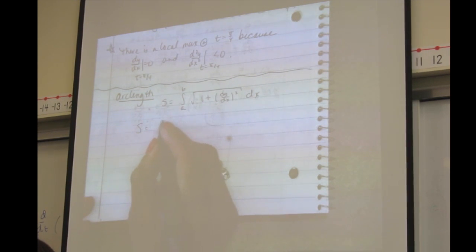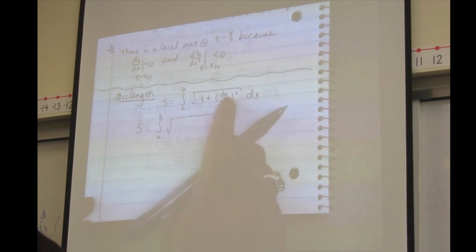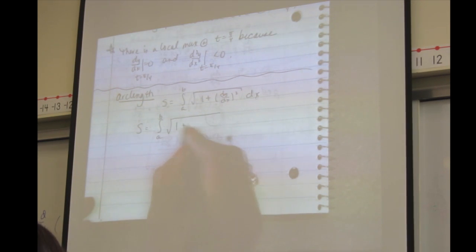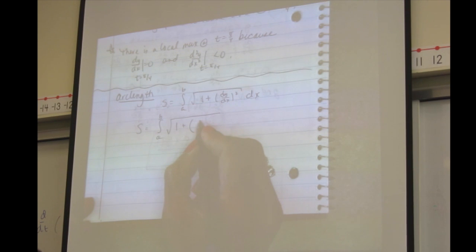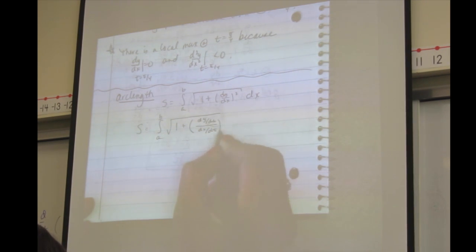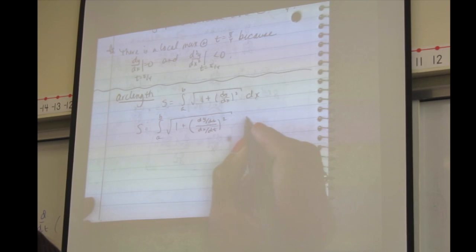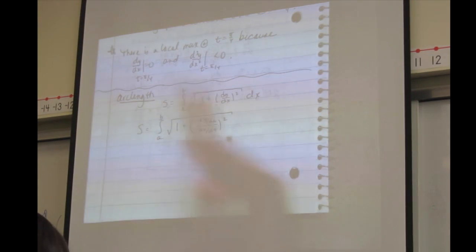Okay, so now for parametrics, dy dx we actually know what that is. dy dx is dy dt over dx dt, all squared, correct? But now we are in t.